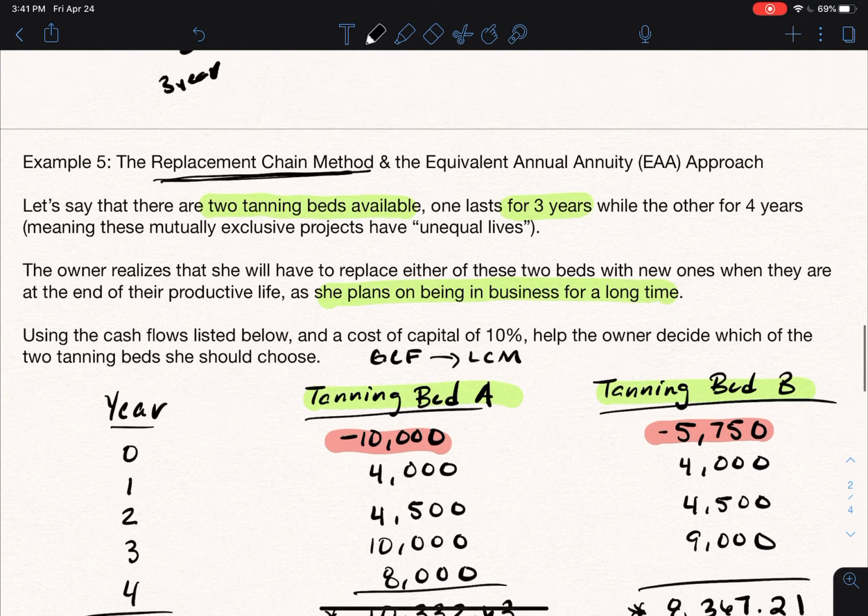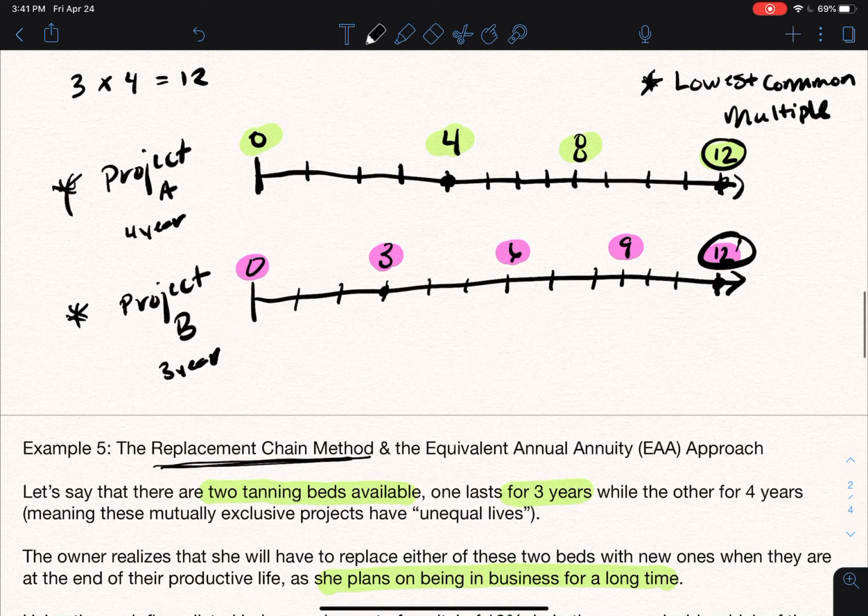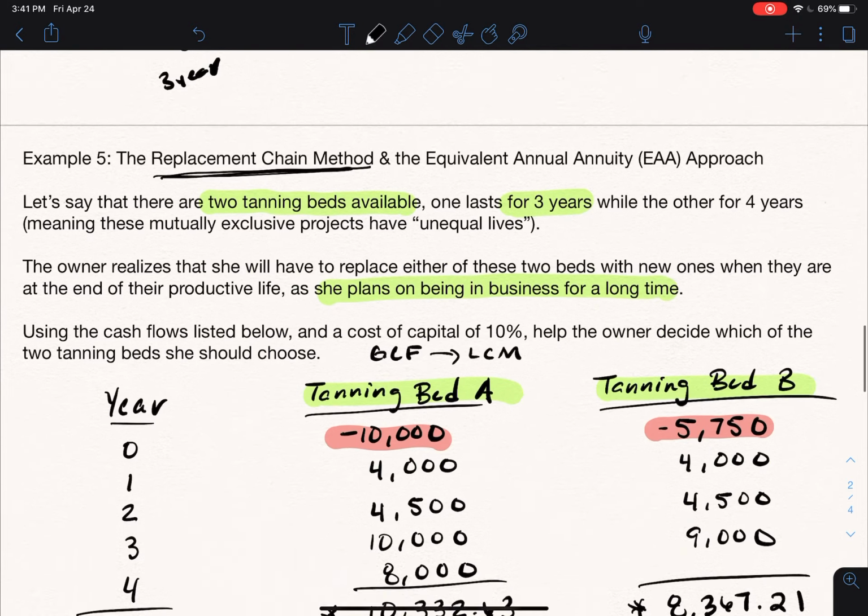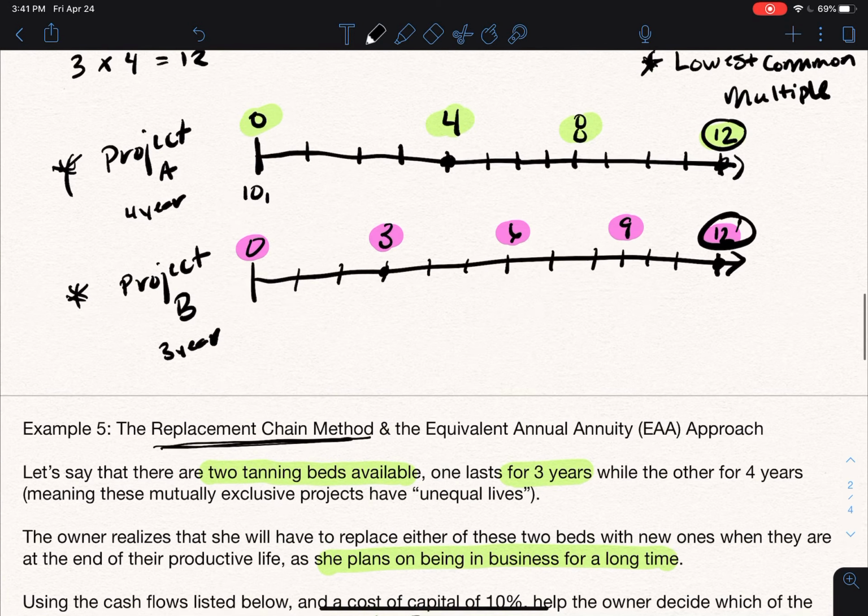So using the replacement chain method, I'm going to say, I know that the net present value the first time I buy the project A tanning bed is going to be $10,332.63, right? Well, that's the value of the project in today's dollars at time zero.